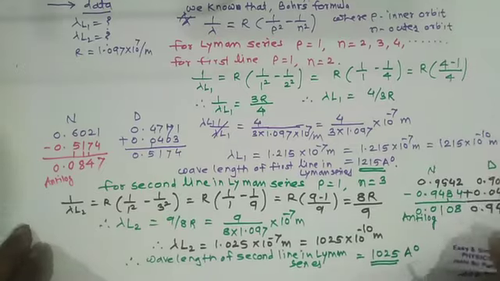We can solve the second example, that is, find wavelength. Calculate the shortest wavelength in Lyman series of hydrogen atom and also calculate energy of photon emitted. So here we can write the data.